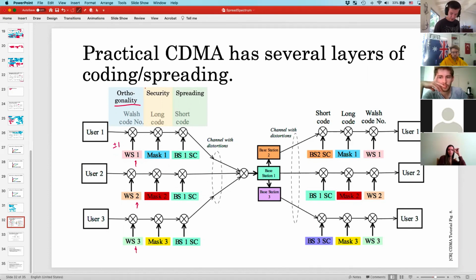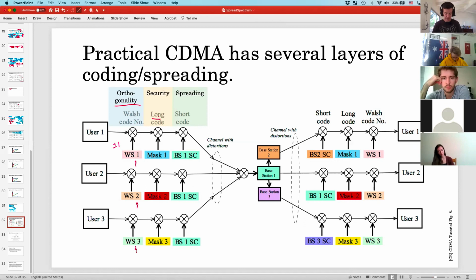And the Walsh code is not super long. So what you can then do is take a long, what's called, unoriginally, a long code, and it will mask your transmission. So if someone intercepts this transmission and they don't have your long code, then the data is going to be completely scrambled.